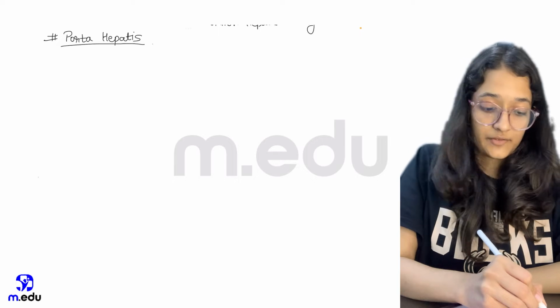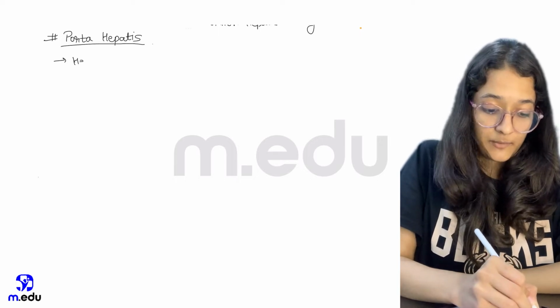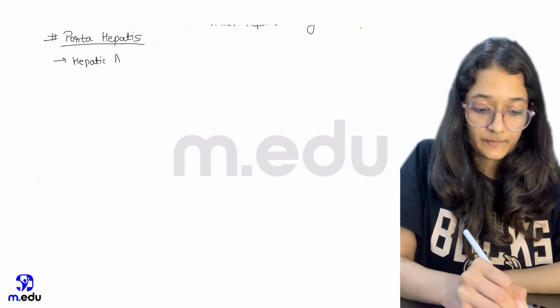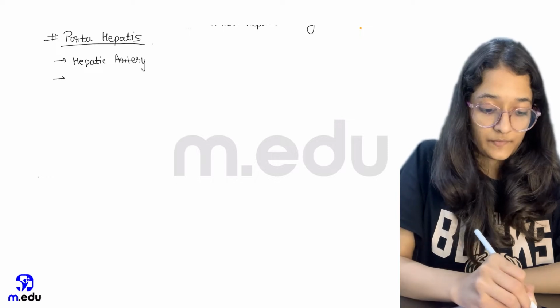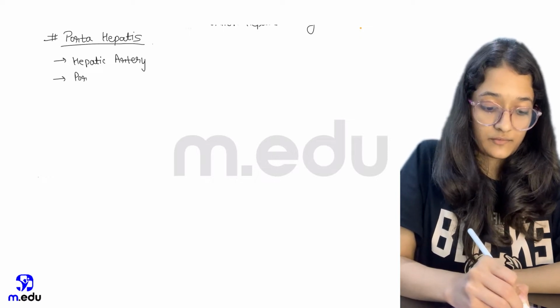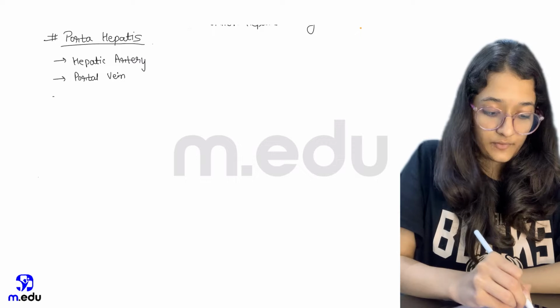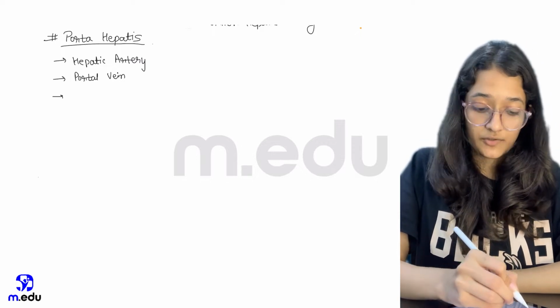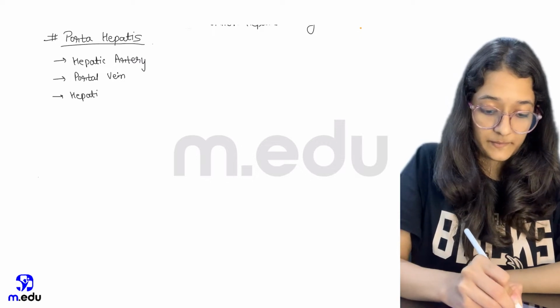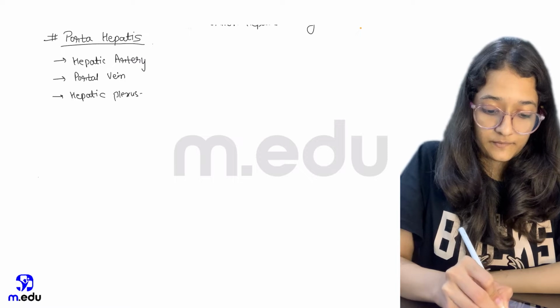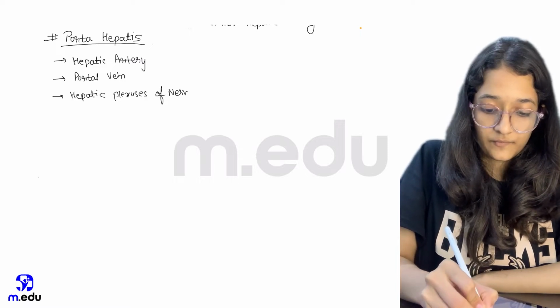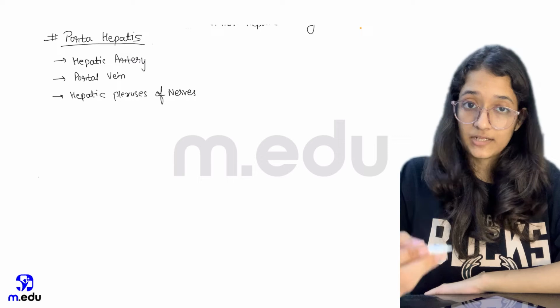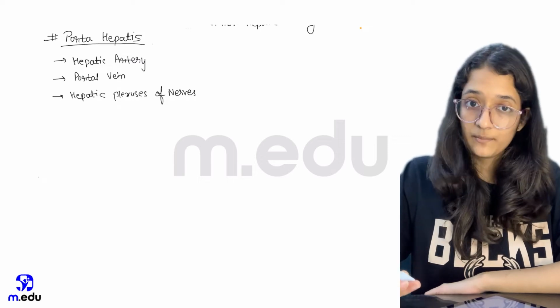We have the hepatic artery, the portal vein, and the hepatic plexuses of nerves. These are the structures entering the liver via the porta hepatis.